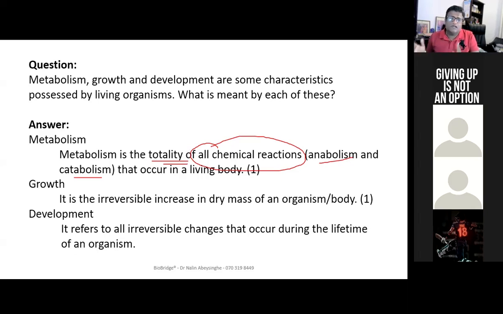This is biology, science. Science is based on facts, evidence. I'm not downgrading other subjects, but science is based on facts and evidence. If the particular point is there, you'll get marks. If you write extensive stuff, you won't get marks, believe me.